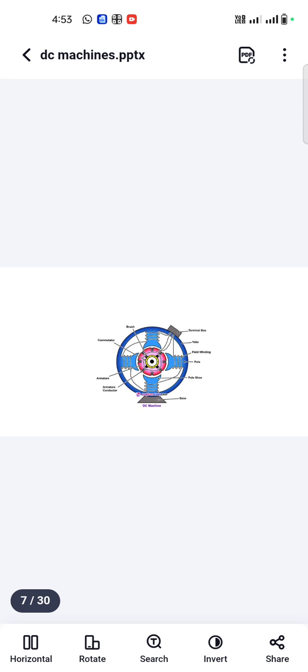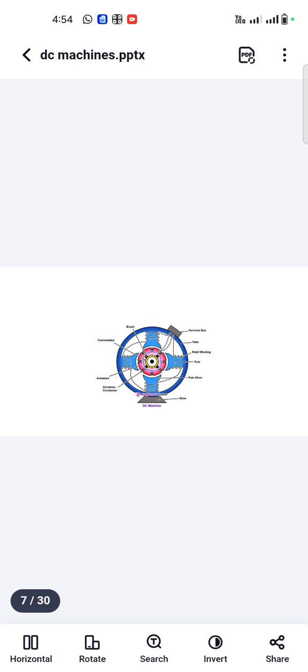It protects the internal parts from dust, moisture, and damage. Next, the yoke provides a low reluctance path. What is a low reluctance path? Have you heard this word? It is a path that allows magnetic flux to flow easily with little opposition.